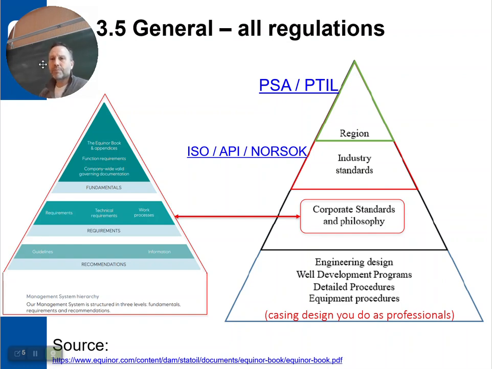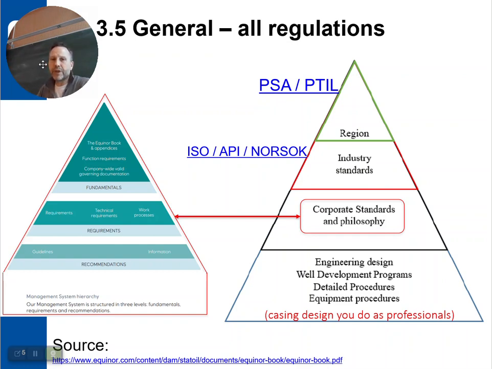And in the end, at the bottom, you will have the specific engineering designs and your programs, detailed procedures, equipment procedures, which you typically get from service providers. The casing design that you do as professionals would sort in that box. Then you go really into the details of every single thing. Every property is included.